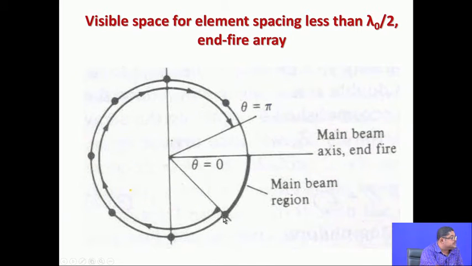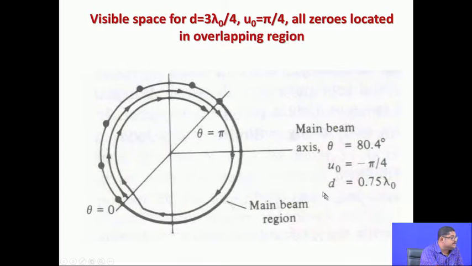Okay? And let us say that I want theta at this point, u naught is this, it is minus pi by 4, and d is in between, 0.75 lambda naught. You see that it starts from here, goes one full circle, then up to some distance.